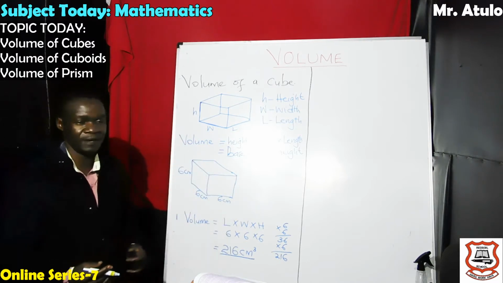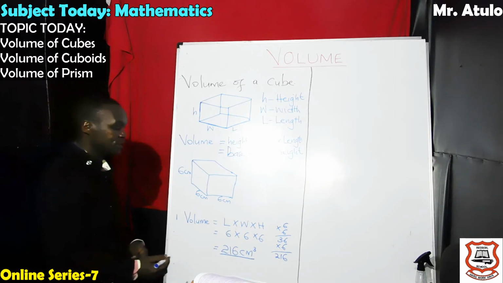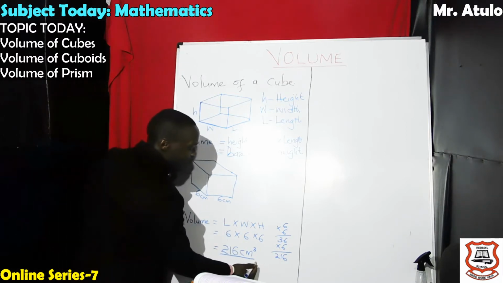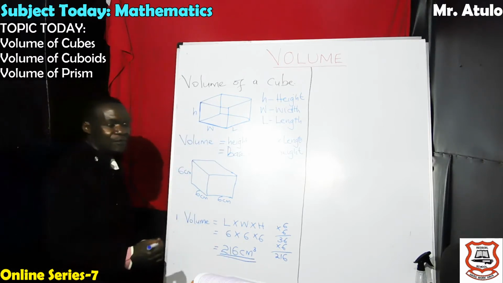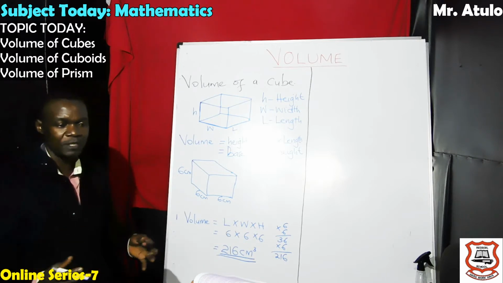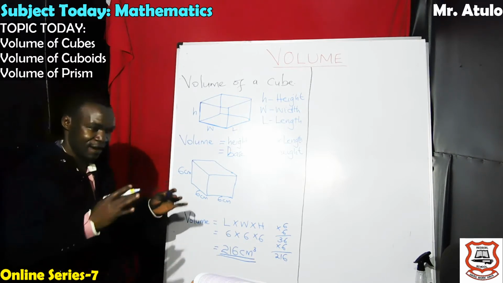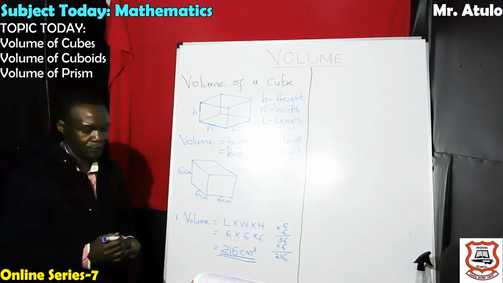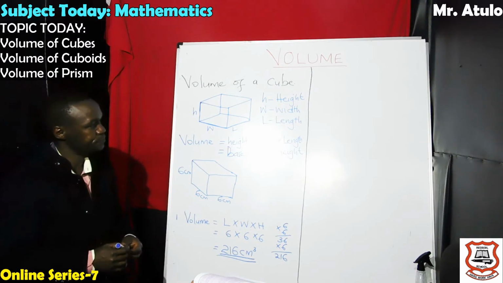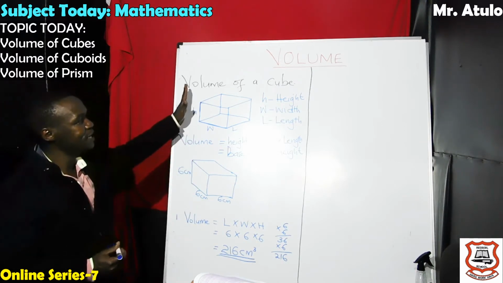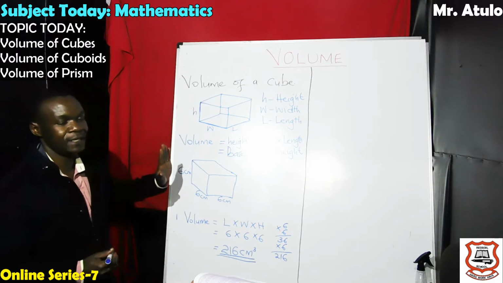So essentially, you will need to be keen enough in counting the number of cubes to determine what makes up the entire block that you've been given. Are we together that far? So this is as far as getting the volume of a cube is concerned.